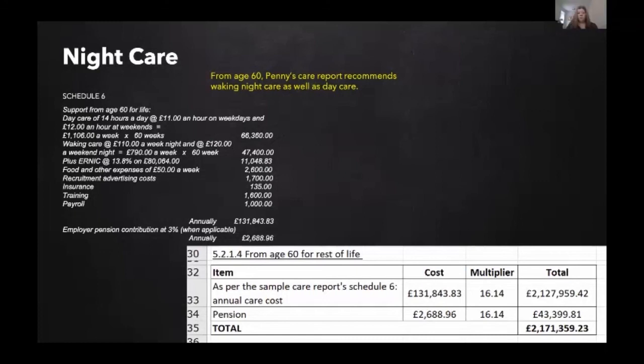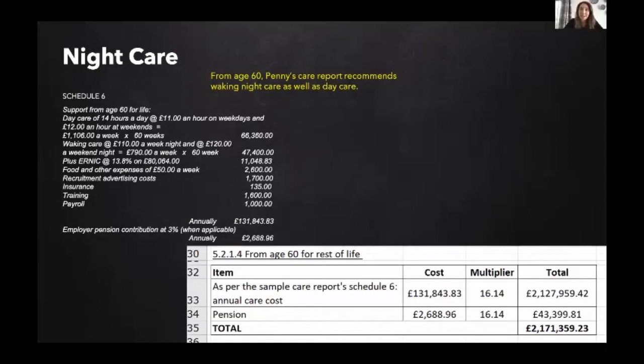Yes, just for this example, we chose waking night care. So the costings are for a waking night carer. And again, simply take the annual cost from the care report and multiply it by the rest of life multiplier from your multipliers tab, which for Penny is 16.14.